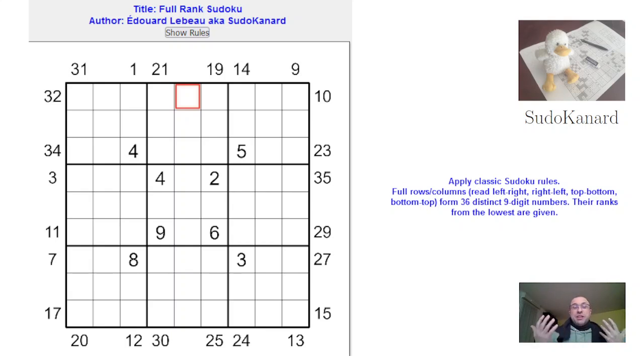And then you can rank them in order, starting from the lowest. The numbers that are given in the margin are just the ranks among them. So this 9-digit number is the smallest of the 36. And this is not the highest, 35th, but almost the highest.